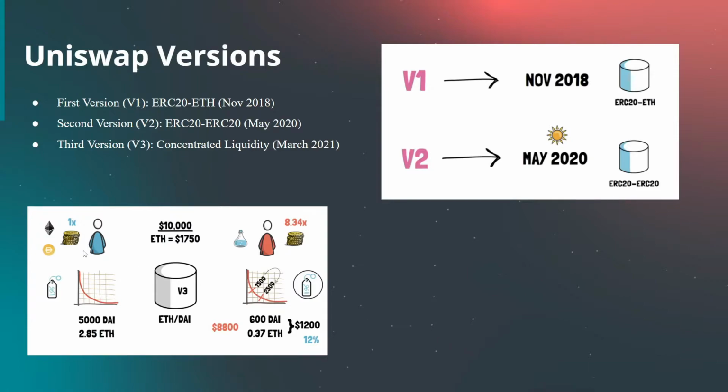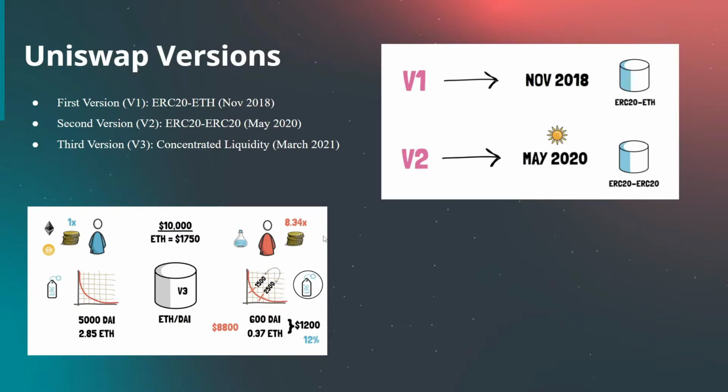Let's call the left blue image Bob and the red one Alice. Bob decides to provide liquidity to a Uniswap pool, an ETH and DAI pool, and we assume that the ETH price is $1,715. He provides liquidity with all the money he has, like 10,000, which is 5,000 DAI and 2.85 ETH.